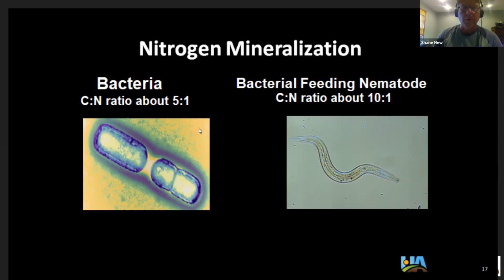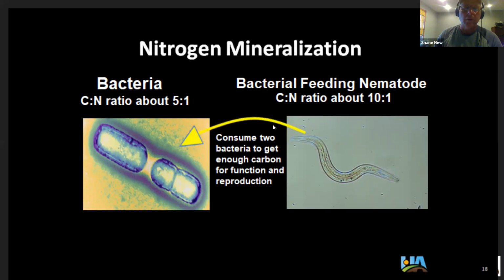But we need something. Those nutrients are now immobilized within the bodies of these bacteria. And the only way we're going to cycle those nutrients back out is to have predators, such as this nematode, coming along and consuming that bacteria. His carbon to nitrogen ratio is 10-1. So he's going to have to utilize 2 of these bacteria to meet his carbon needs.